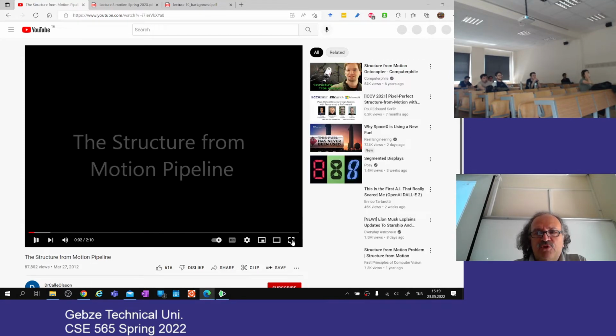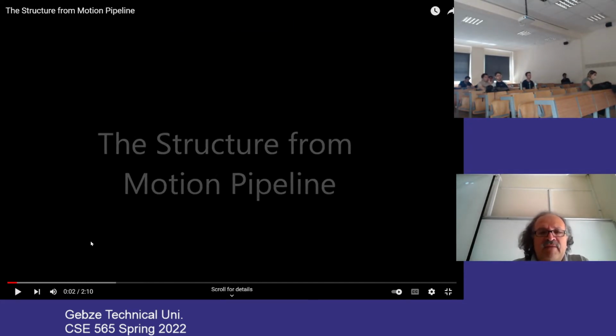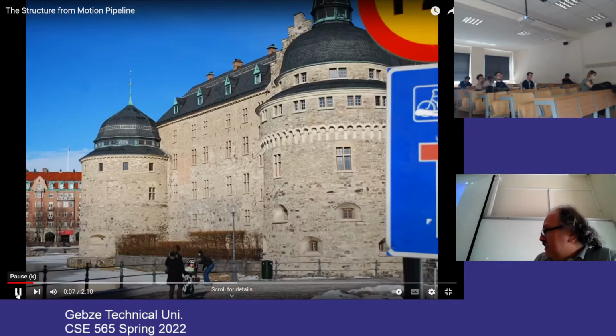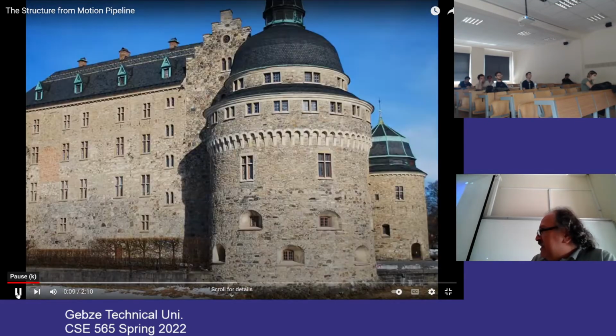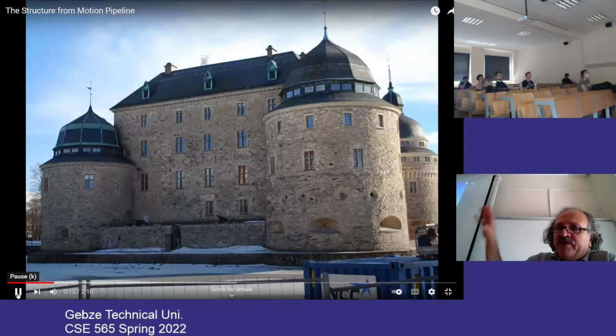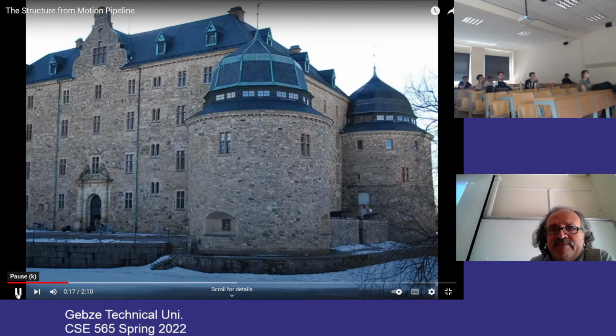Structure from motion pipeline. This is what you do. A little bit different from what I told you, but in essence it is the same thing. First take lots of images of the object. This is just a castle. You take many images with a moving camera around this castle.